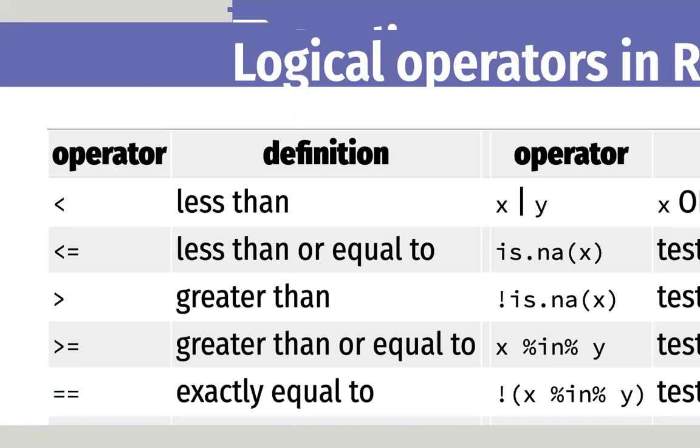The ampersand indicates and, and the pipe, the up and down pipe, indicates or. You can test if something is missing or is not missing. You can test if it's a subset of something. So with in, if you have a character vector for Y, you can test if X is in that character vector. And similarly, you can test if it's not in a character vector.